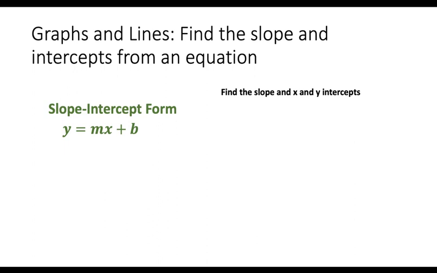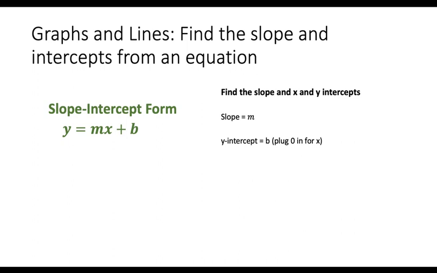Okay, so that's what the slope is. Now we want to talk about finding the slope and the intercepts from an equation. If we have an equation in what's called slope-intercept form, that's pretty easy. Slope-intercept form is y equals mx plus b. So if you have to find the slope and the x and y intercepts, the slope is equal to m.